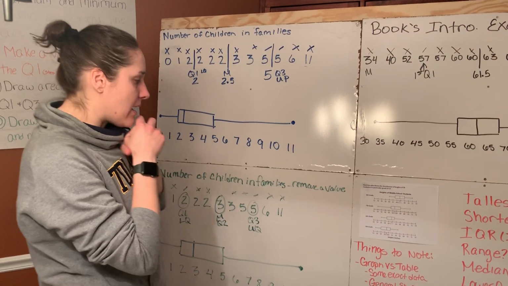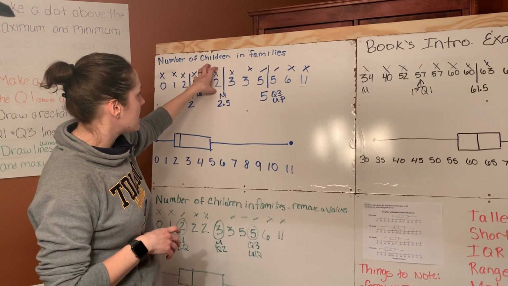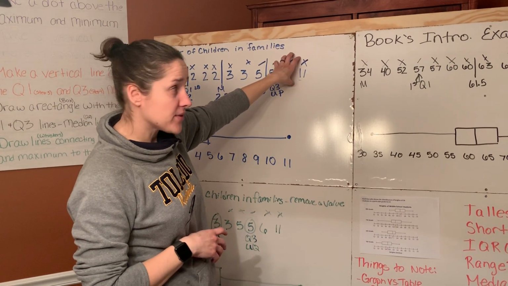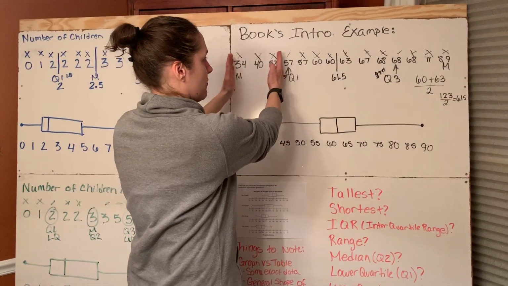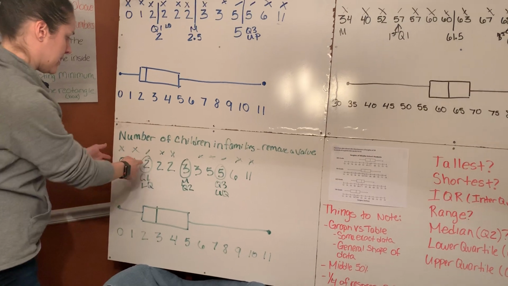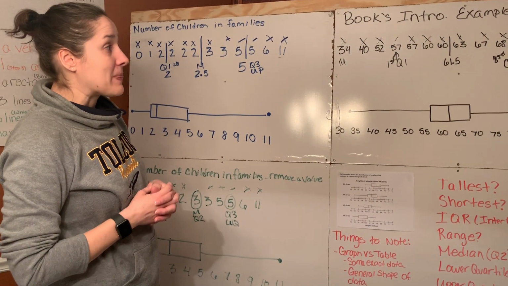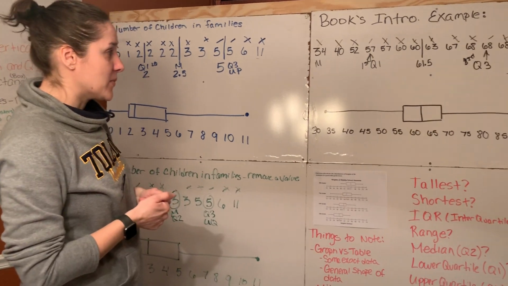Let's think about how this data was created. It essentially was split up into fourths, and fourths is what I see in my quartiles. It was split up into 4 sections, and that's what's cool about a box and whiskers.